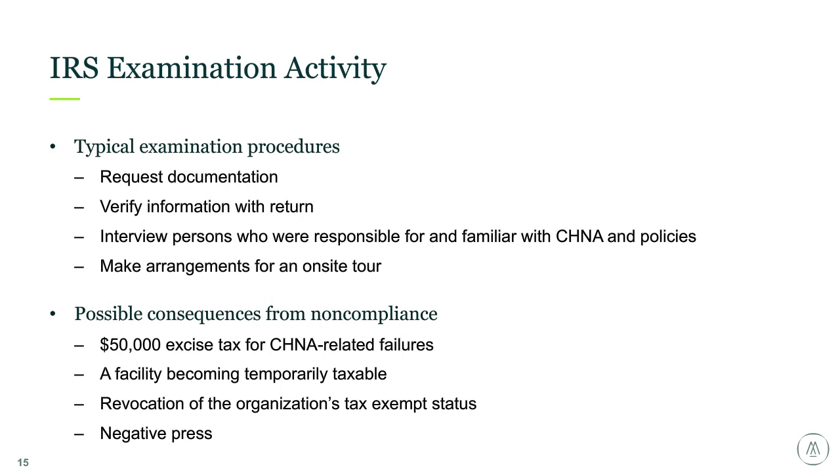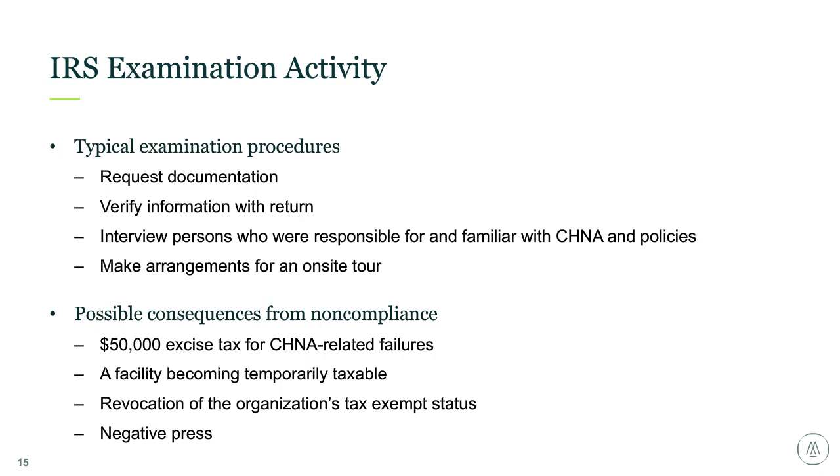Also, revocation of the organization's tax-exempt status. With that, we're mainly seeing that if there's willful or egregious negligence. So if your organization is making attempts to follow 501R and has policies and procedures in place, you're likely not going to trip revoking the 501c3 status.